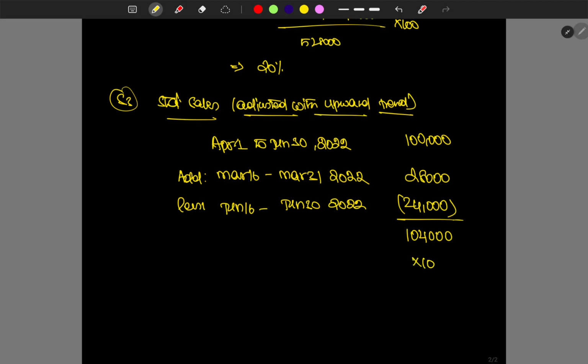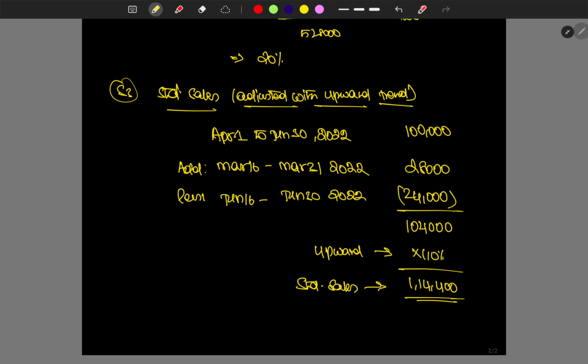So 1,04,000 into 10% upward trend, which is 110%, which is 1,14,400. That is the standard sales, right?